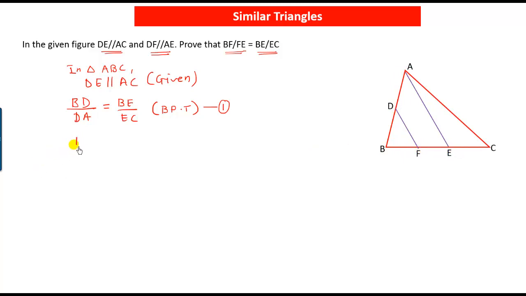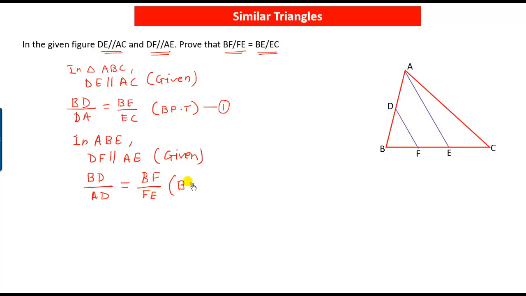Therefore in triangle ABE, DF is parallel to AE, this is given, and therefore BD upon AD is equal to BF upon FE. The reason is the basic proportionality theorem. Let this be number 2.